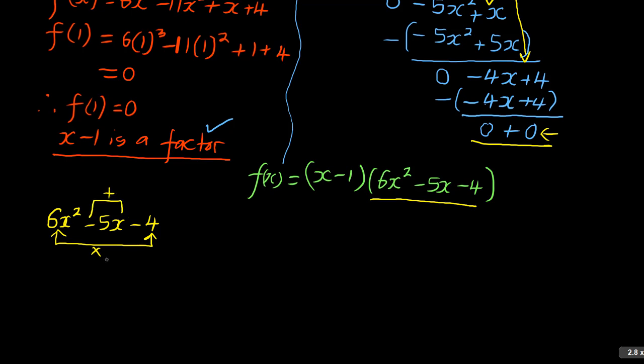I will encourage you again to go through my lesson where I teach the product sum method so that you can understand. So P stands for my product, which is 6x squared times minus 4, which is negative 24x squared. And my sum, the word sum means to add. So the sum is the center number, which is negative 5x.